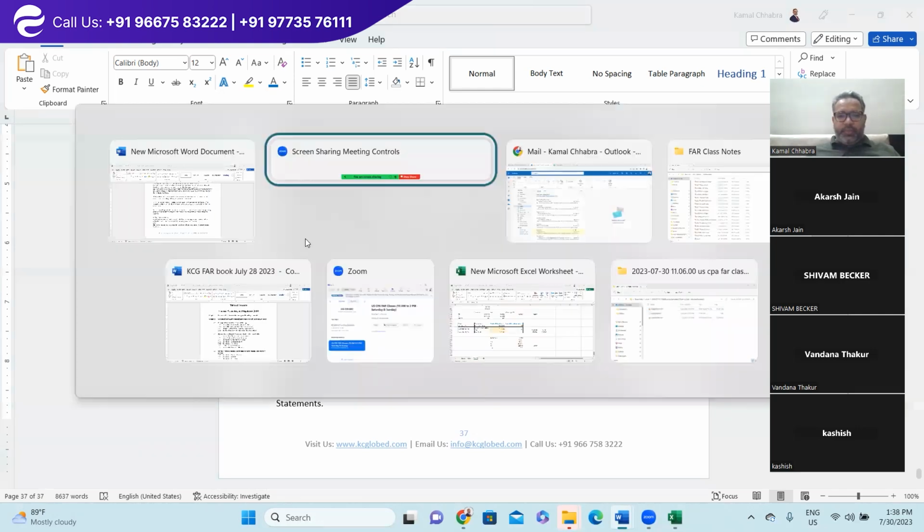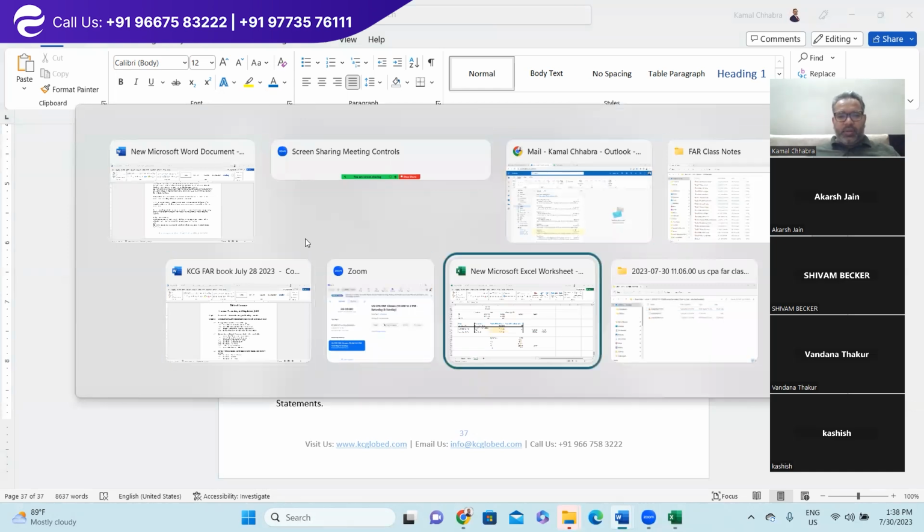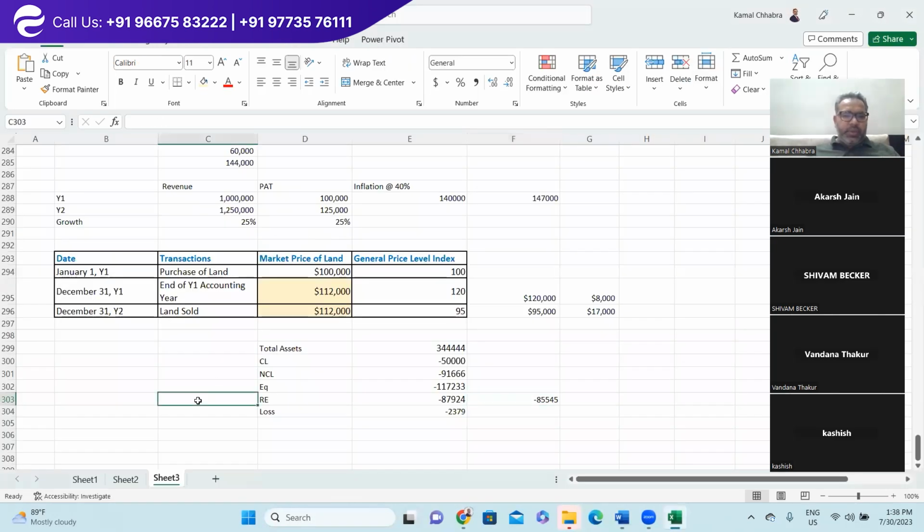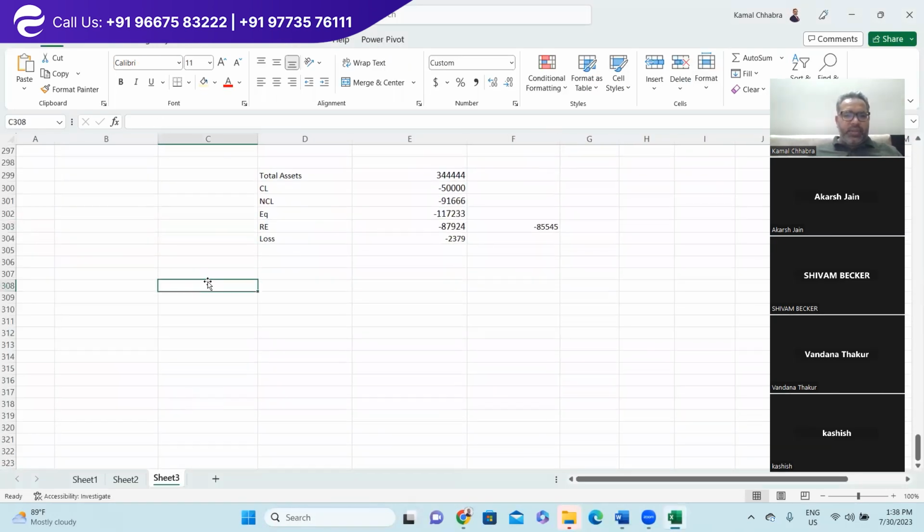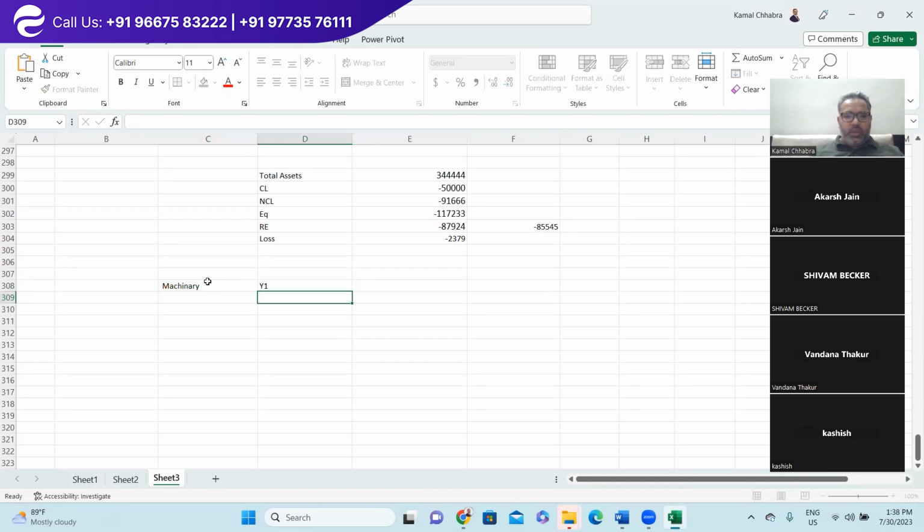Yes, sir. Or maybe shall I explain with a small example? For example, you have a machinery which you purchased in year 1 for, let's say, $100,000. Now you have used that machinery for year 2 and year 3.